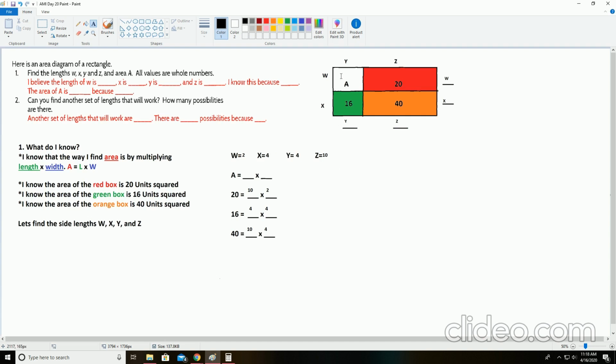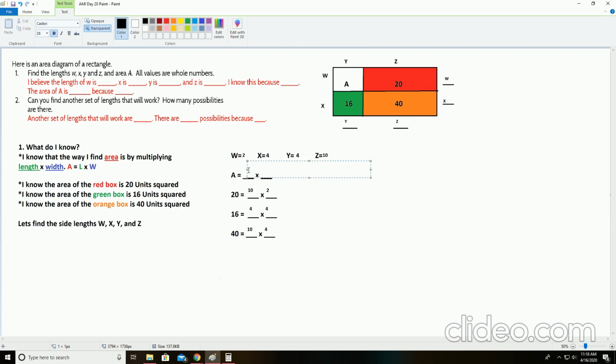So what do we need to find the area of A? We need the length and the width. So if we use the length of Y, well, let me get this. There we go. If we use the length in the place of the Y, it's 4, and our W is 2.